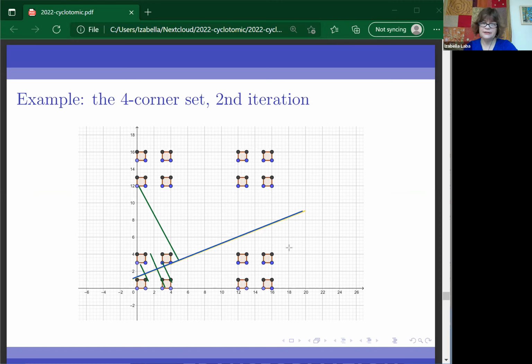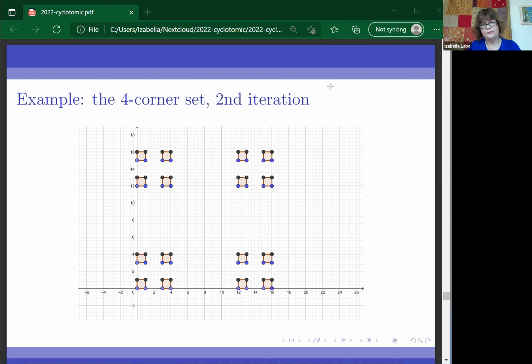And then as I continue to iterate the construction, this is not going to change. I'm still going to get the full line segment. And so the projections can vary a lot between the directions.